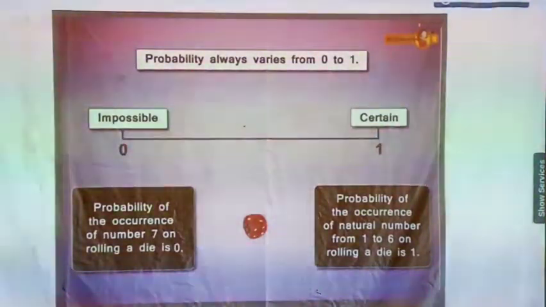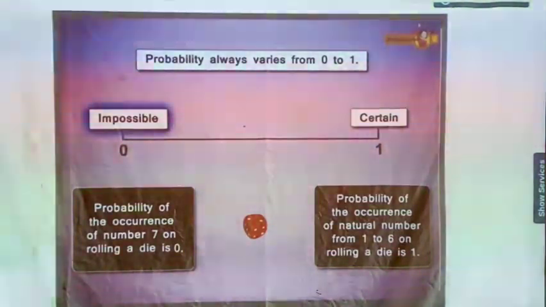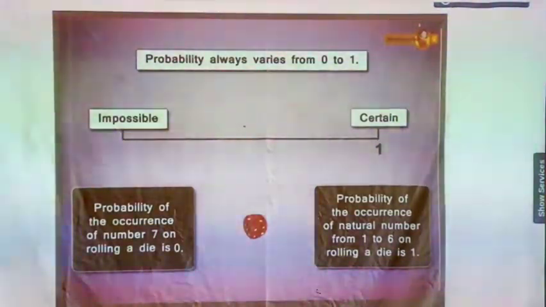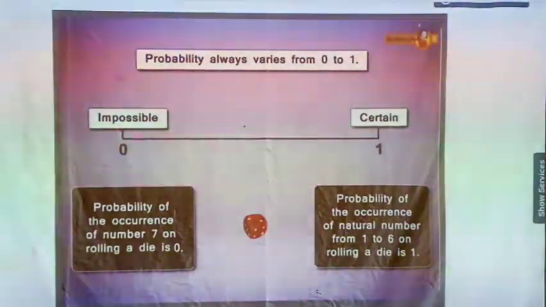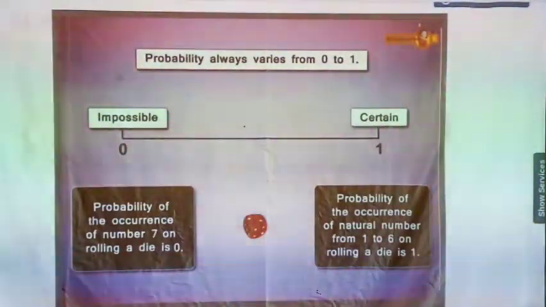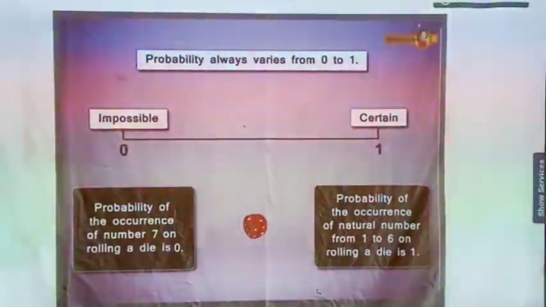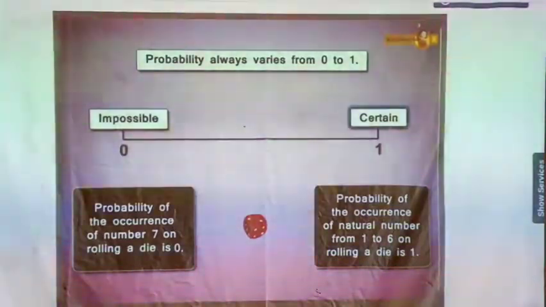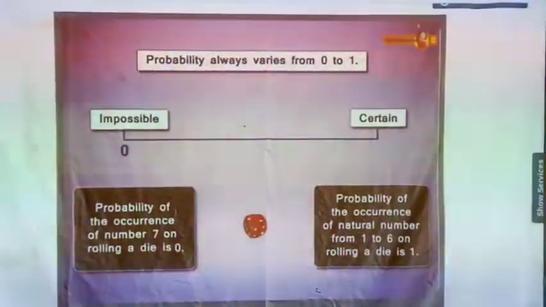When the possibility of happening of an event is impossible, we say its probability is 0. For example, if we roll a die, the chance of the occurrence of number 7 is 0. Hence, the value of probability of this event is 0. When the happening of an event is certain, we say its probability is 1.